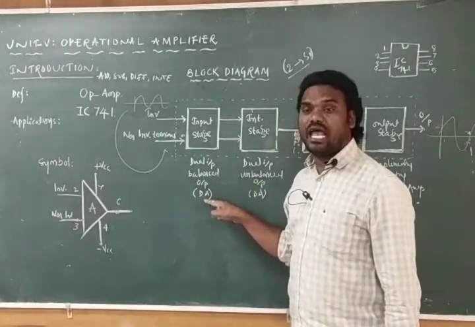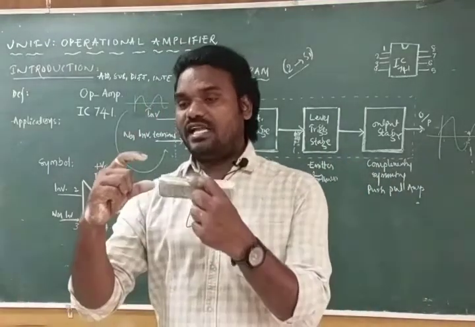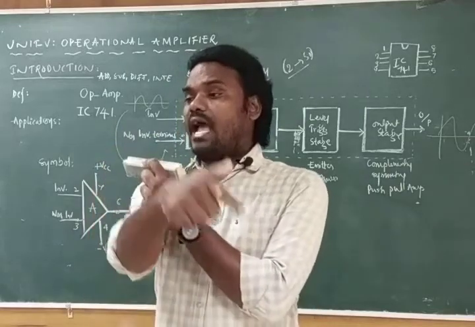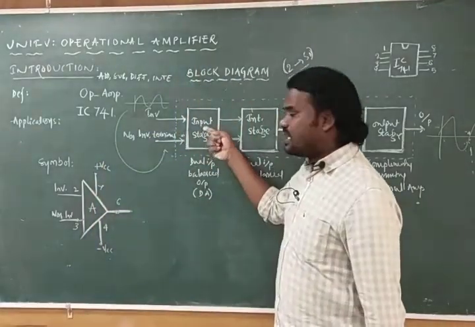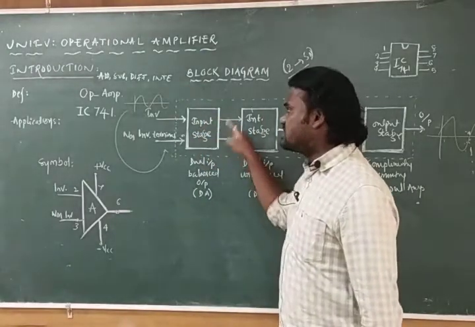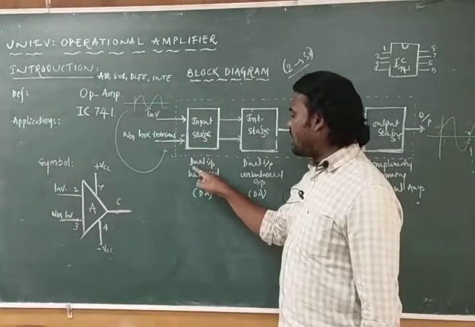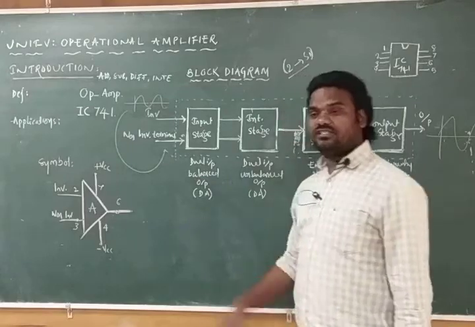Differential amplifier. A differential amplifier is one which finds the difference between the two signals, and that difference will be amplified at the output side. So in the operational amplifier, this input stage is designed with a differential amplifier, that is dual input, balanced output.